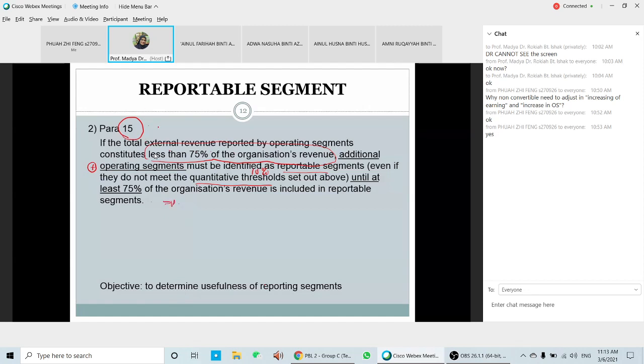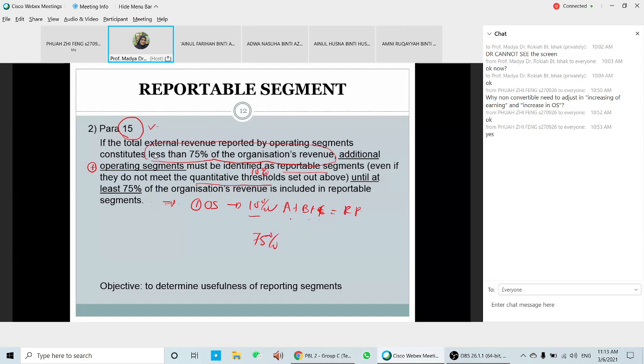Under para 15, you have already checked the operating segments and fulfilled the 10% test. Let's say segments A, B, and C fulfill the 10% test, so they can be reportable segments. But for the last test, you need to look at the 75% of external revenue.